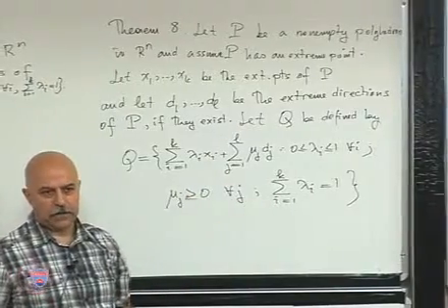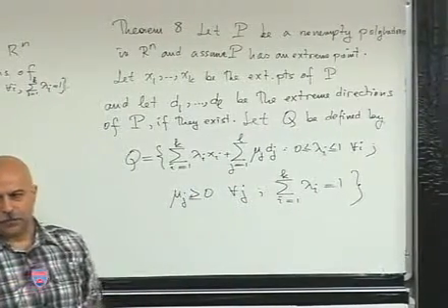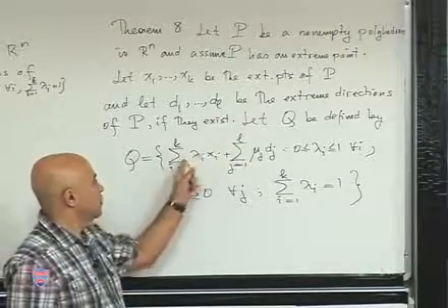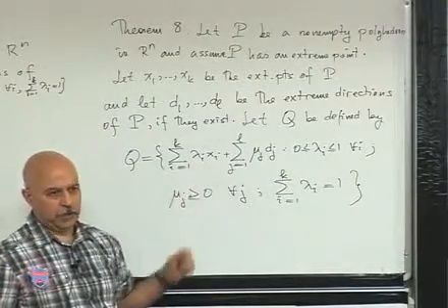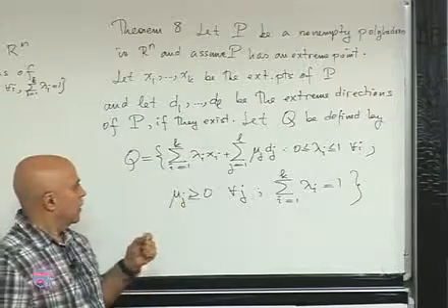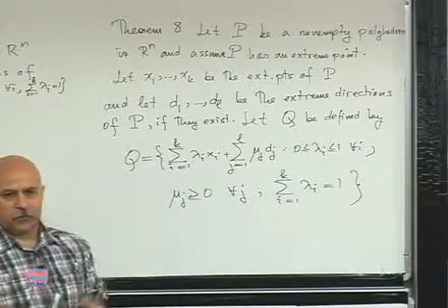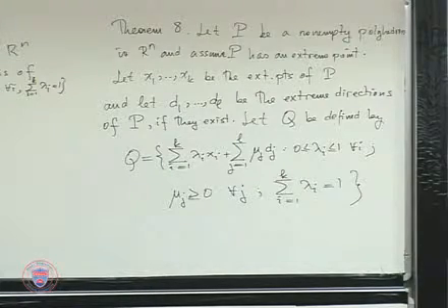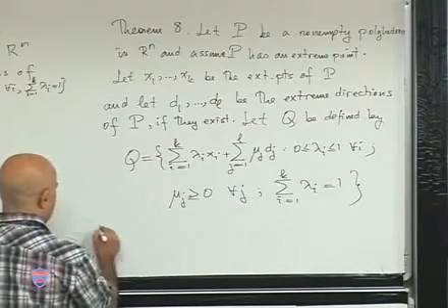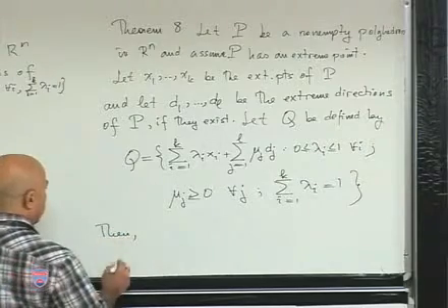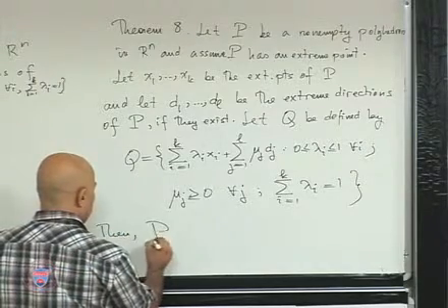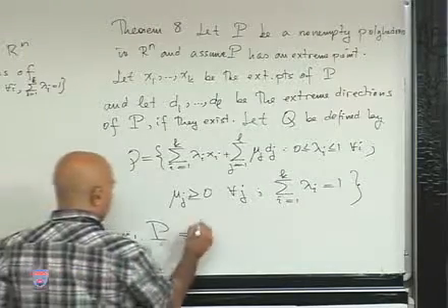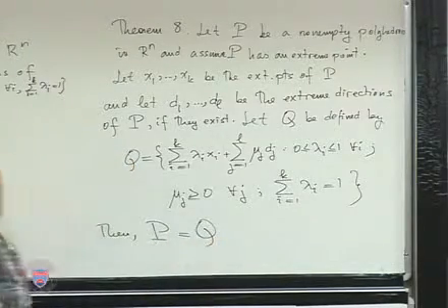You can pick all of those to be 0, or you can pick some of them to be positive, whatever. But nevertheless, you generate many such points of this form. And Q is the set of all such points that can be generated in this particular fashion. And the claim of the theorem is the polyhedral set is the same as Q.